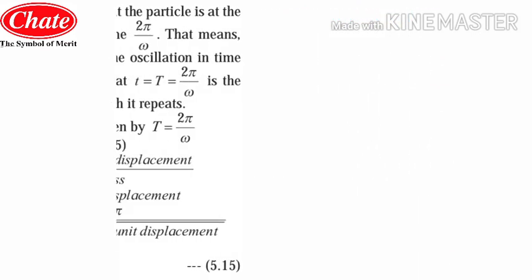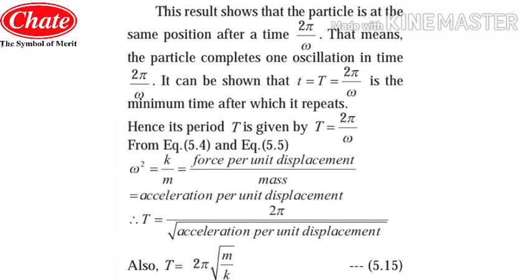Therefore students, this derivation shows that the particle is at the same position after time 2 pi upon omega. After 2 pi by omega, the particle will complete its oscillation and come back to its original position.